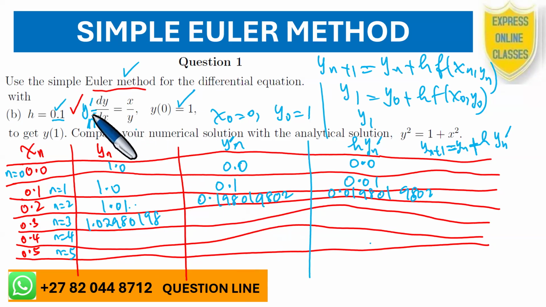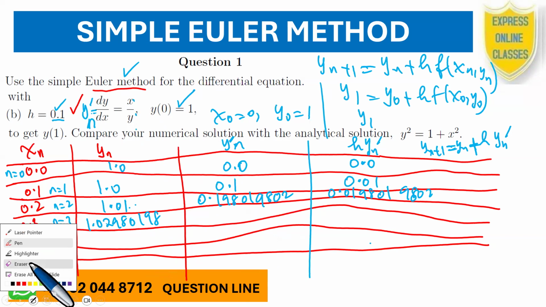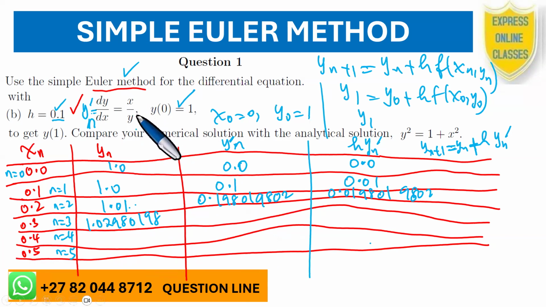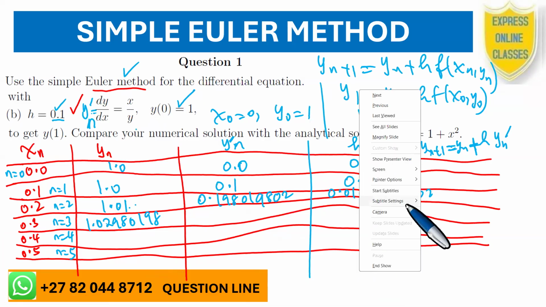Now you get the prime. The prime is x over y. So you have 0.3 divided by 1.02980198.